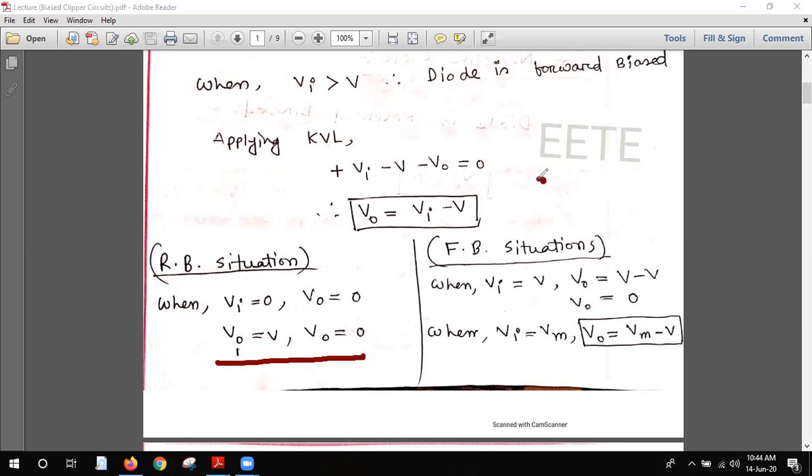So at the very beginning it is 0, and this is the point V. When Vi is equal to V, from this equation, if I replace Vi with V, then V minus V is 0. So from this total portion the output will be 0. Okay, so this is for the reverse bias situation.